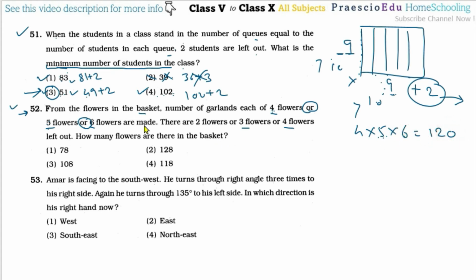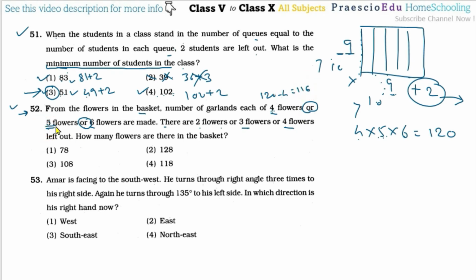Now the other condition is that there are 2 flowers or 3 flowers or 4 flowers left out. So suppose from this 120, we will deduct the 4 flowers. Here 120 minus 4, so we are getting 116.